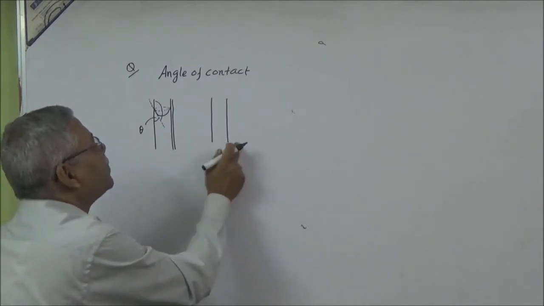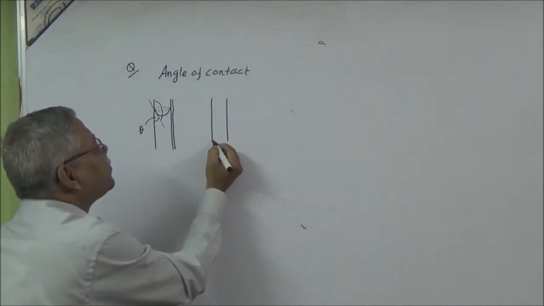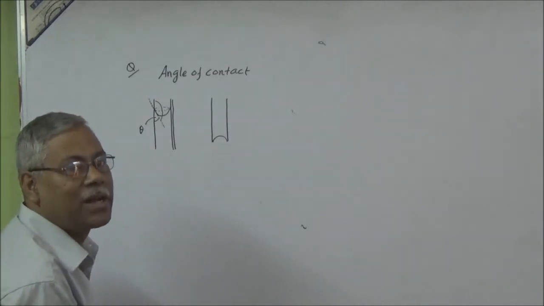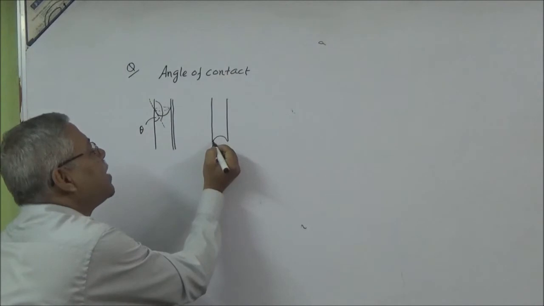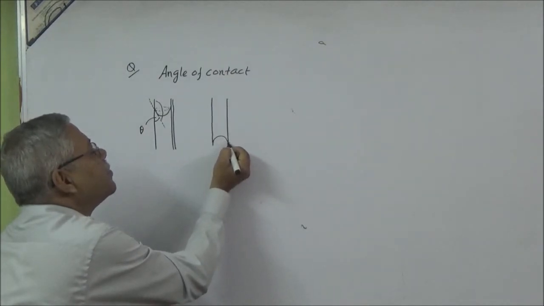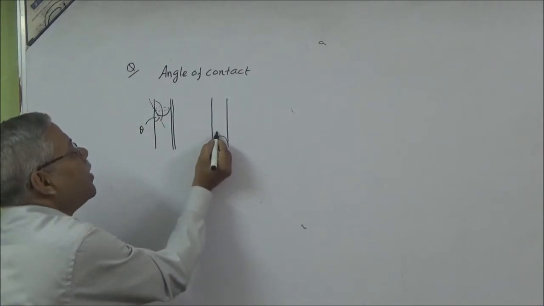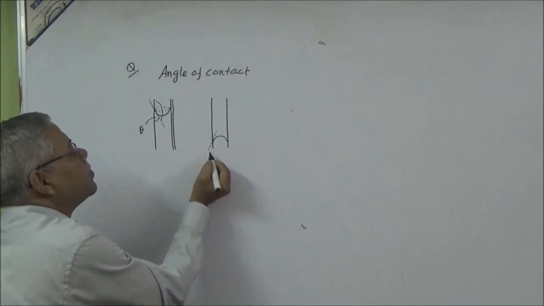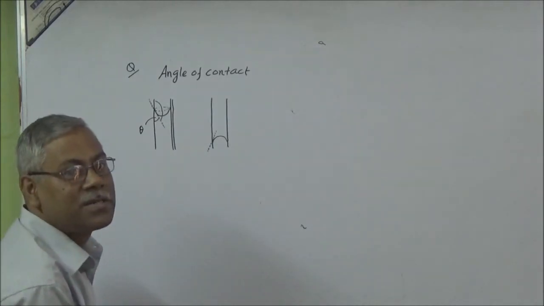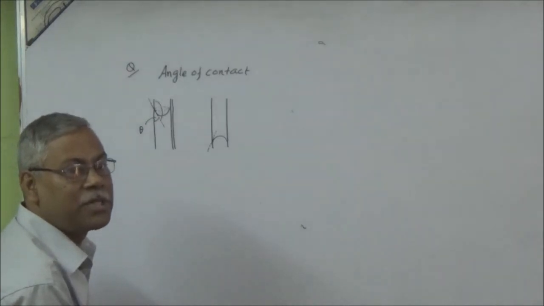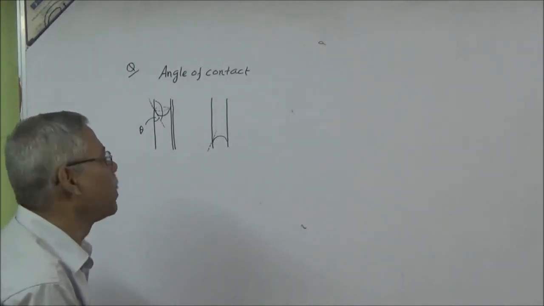In another case, as an example, you may consider mercury and glass. This is the meniscus. Draw a tangent to the meniscus at the point where it touches the surface of the solid, the surface of the pipe.